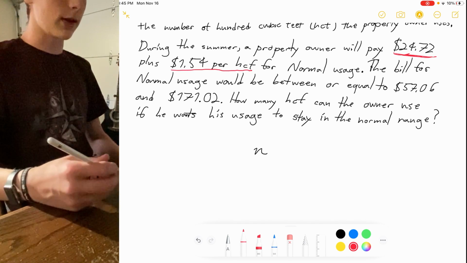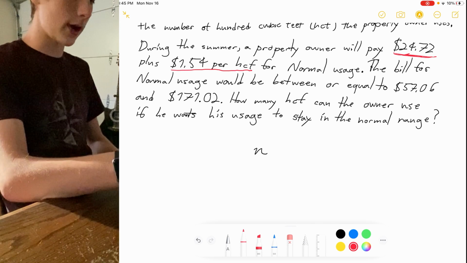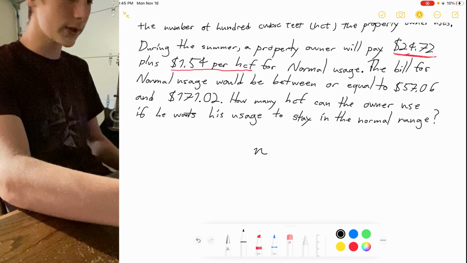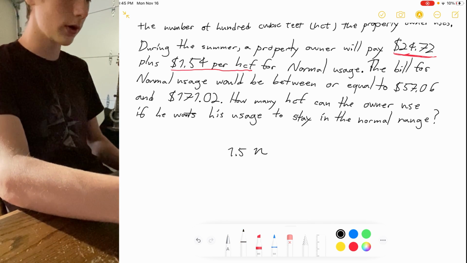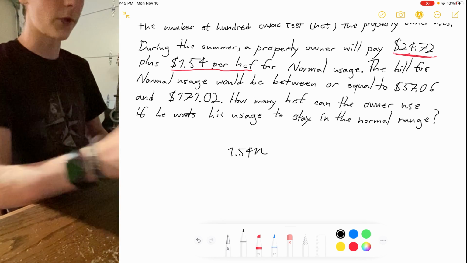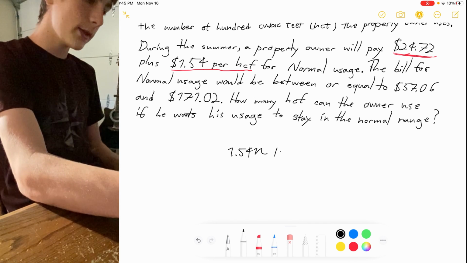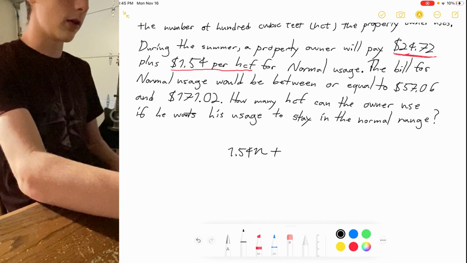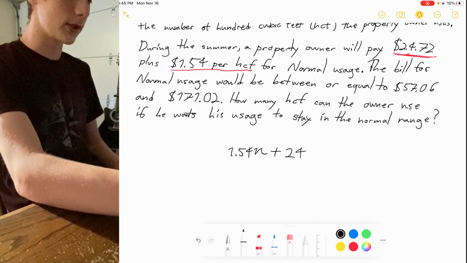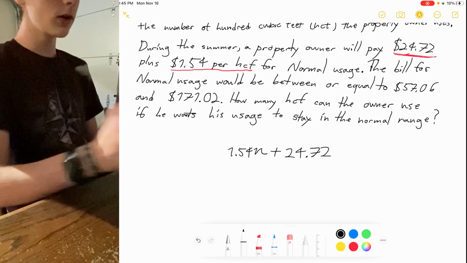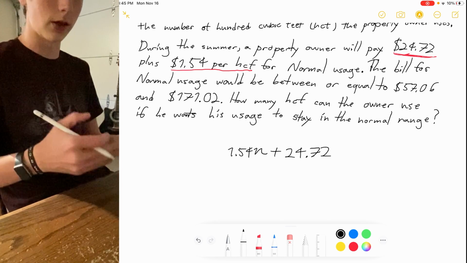So what that means is we're going to have 1.54 times N, the number of HCF, right? $1.54 per HCF, plus that base number of $24.72. So that is what his bill is going to be.